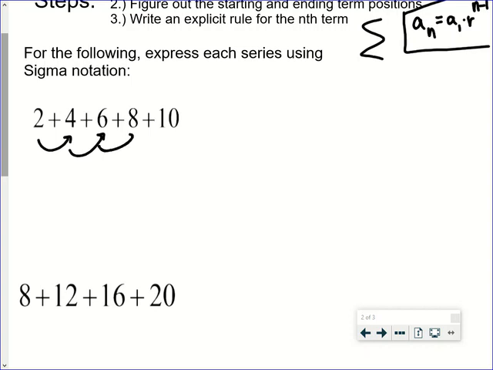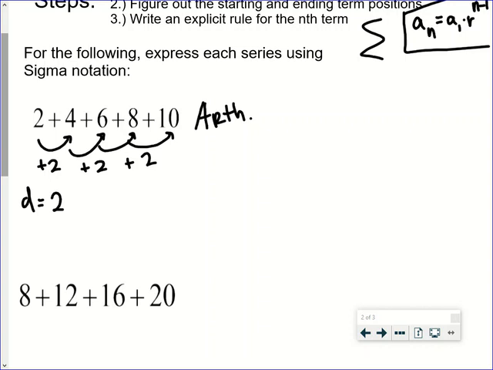While you're looking at your terms, how are we getting from 2 to 4 to 6 to 8 to 10? I'm hoping that it's pretty obvious that we're doing plus 2 every time. So since we're adding 2, this is an arithmetic series, and our d is going to equal 2, where that plus 2 comes from.